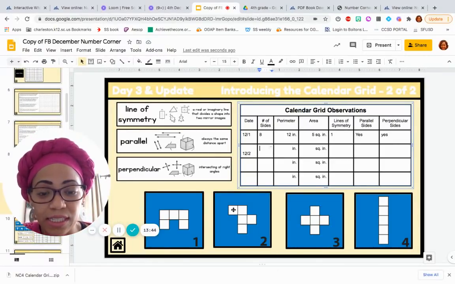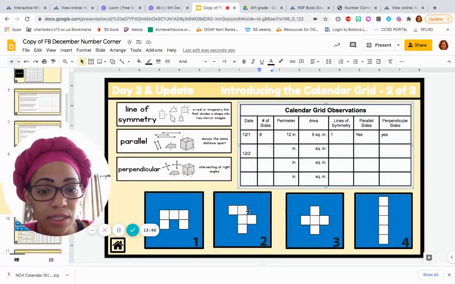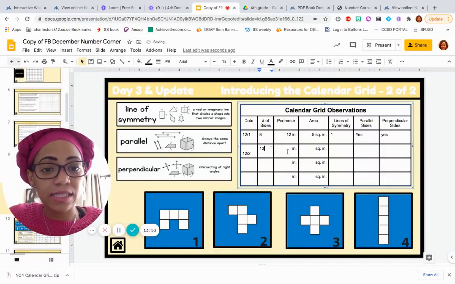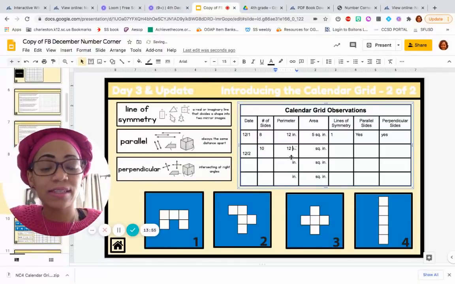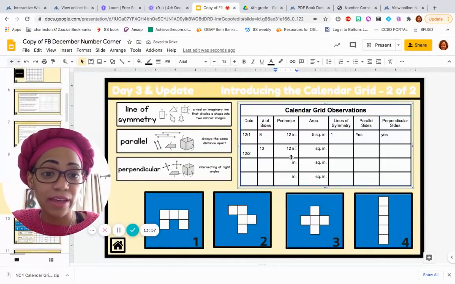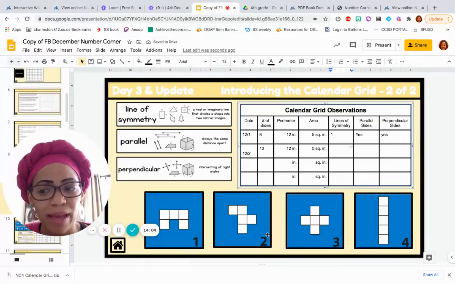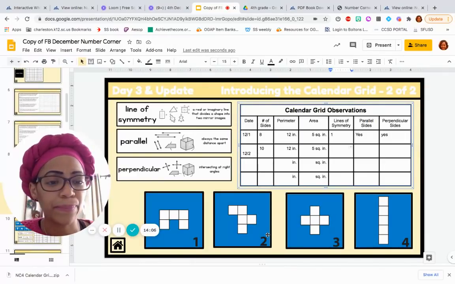Let's look at the marker for December the 2nd. How many sides does it have? Let's count. 1, 2, 3, 4, 5, 6, 7, 8, 9. It has 10 sides, but it still has a perimeter of 12, and we counted that earlier. We also know that the area is still 5 square inches. Does this shape have a line of symmetry?